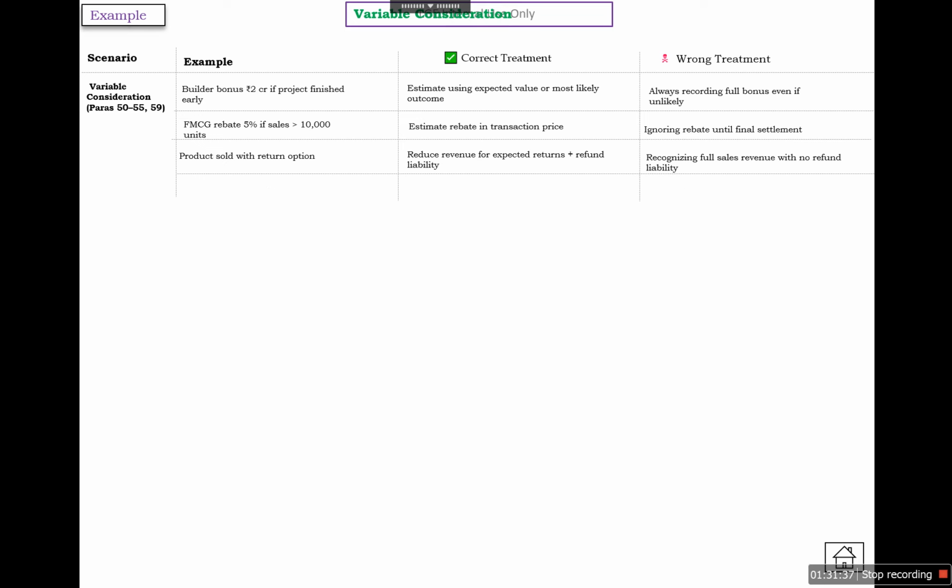If we don't do this and recognize the full revenue, it will be an incorrect treatment. Next, for an IT project with a penalty clause, again we need to judge what the possible outcome will be, and based on that we should recognize the revenue.